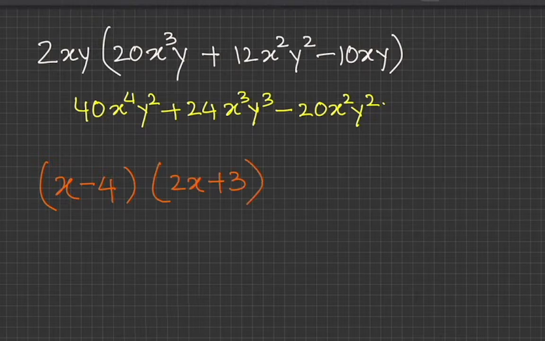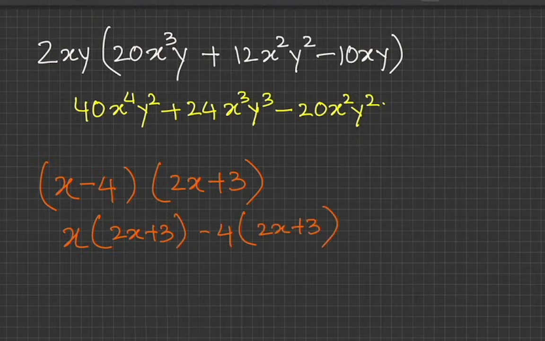We are multiplying them. Every term in a binomial multiplies every term in the other binomial. What does it mean? It means x times 2x plus 3, minus 4 times 2x plus 3.